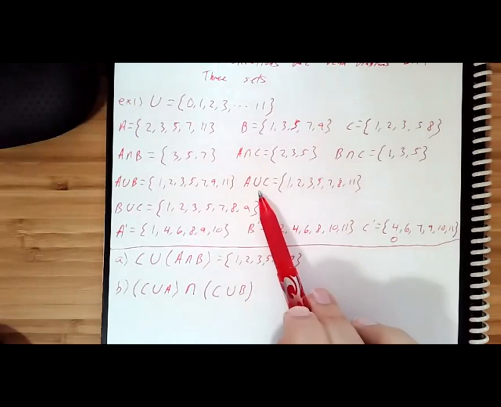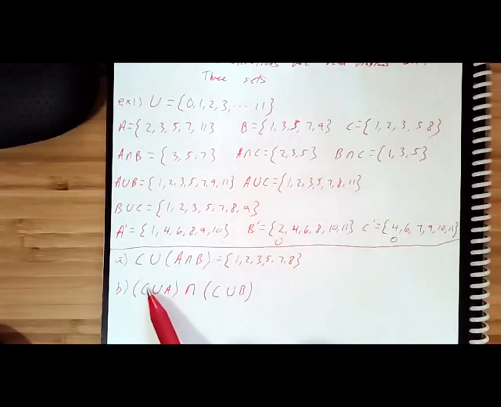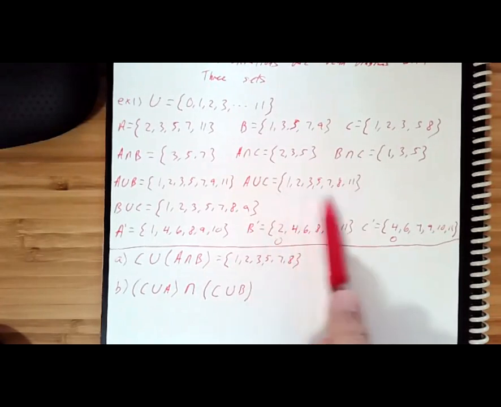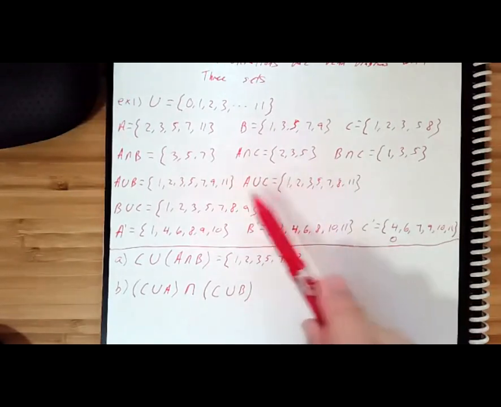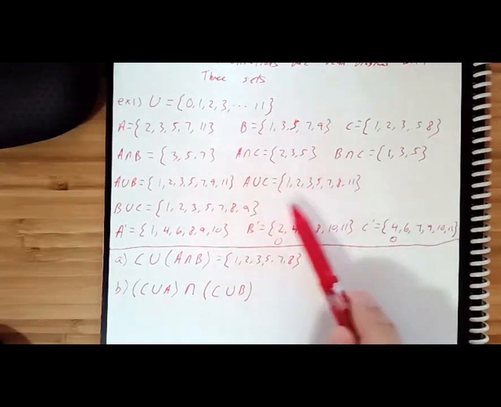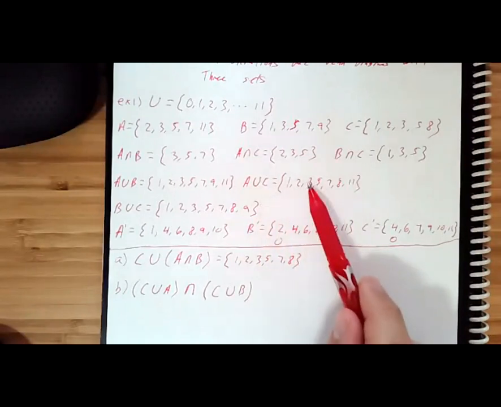It's backwards, but it's the same thing. You can write them either way and you'll get the same. So A union C is the same as C union A. So what does this one have in common with C union B? They're intersecting these two sets.